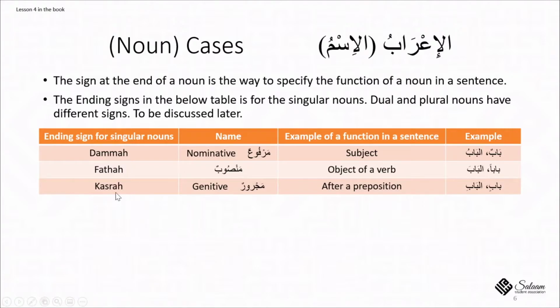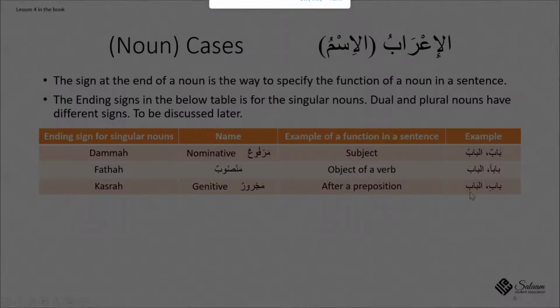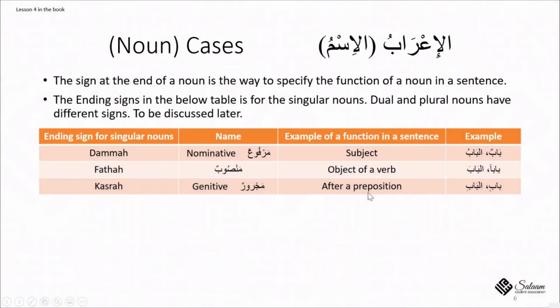But just to go over another position, which is kasra. If I have a preposition like in or on in Arabic, the word after will not be marfu'a, will not be with dhamma. It will be with kasra. So after a preposition, you always have a word with kasra. So we know that this word has some effect because of the preposition.